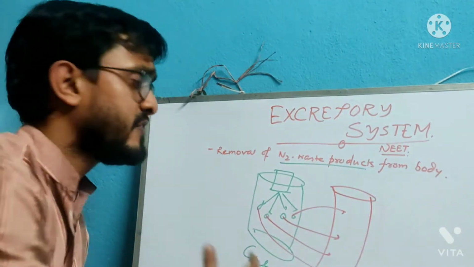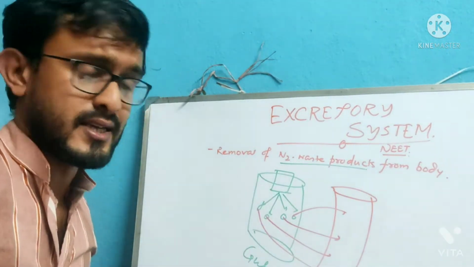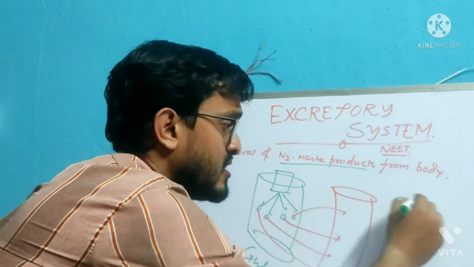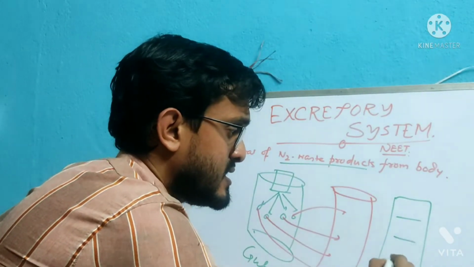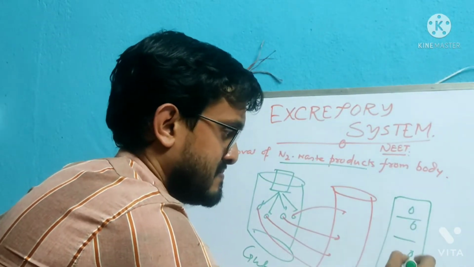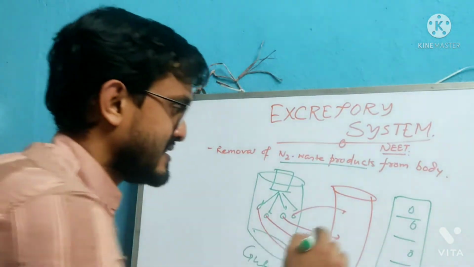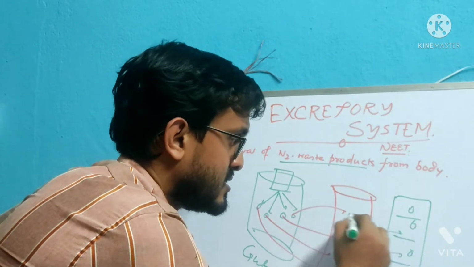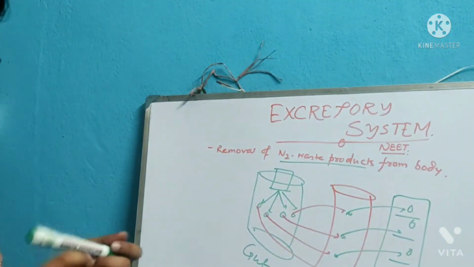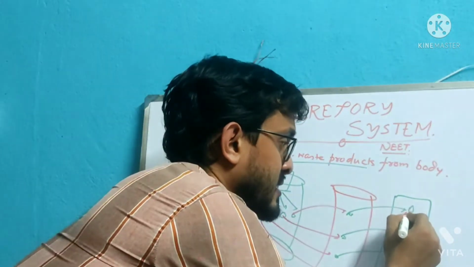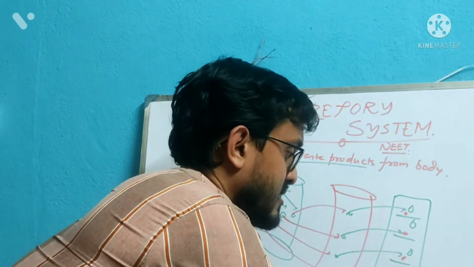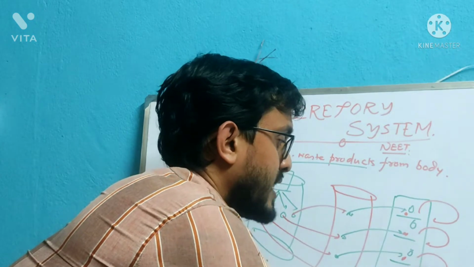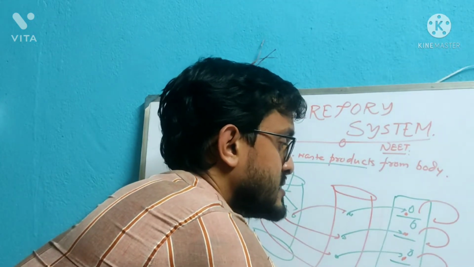What is the final fate of this food particle? This will suffice the need of our cell metabolism. These particles then pass through the cells, where they function in the metabolic activity of the cell.